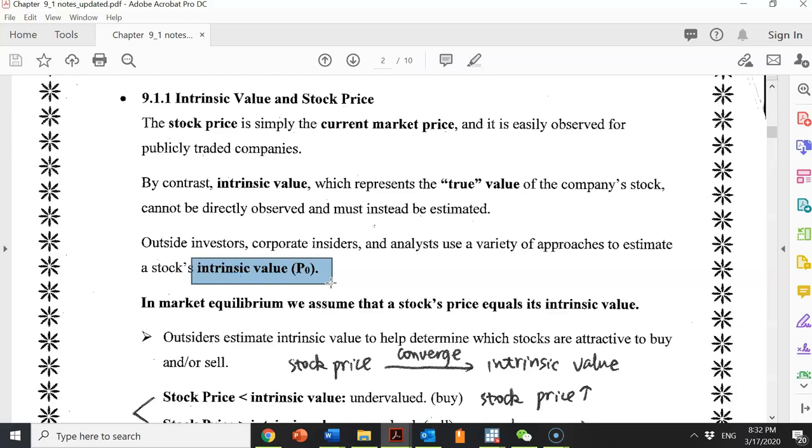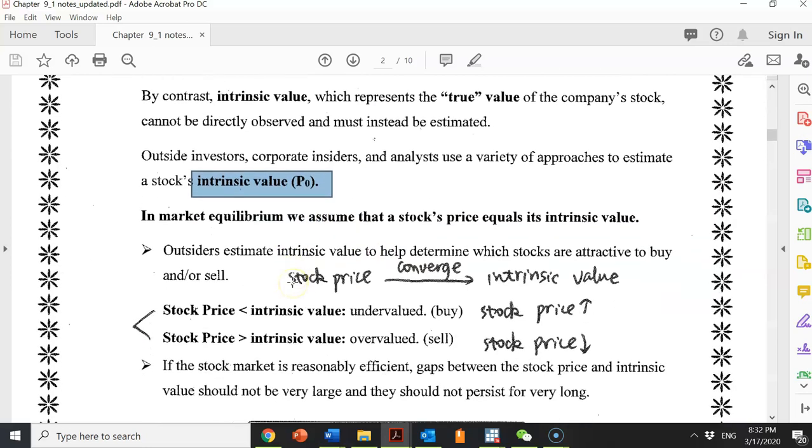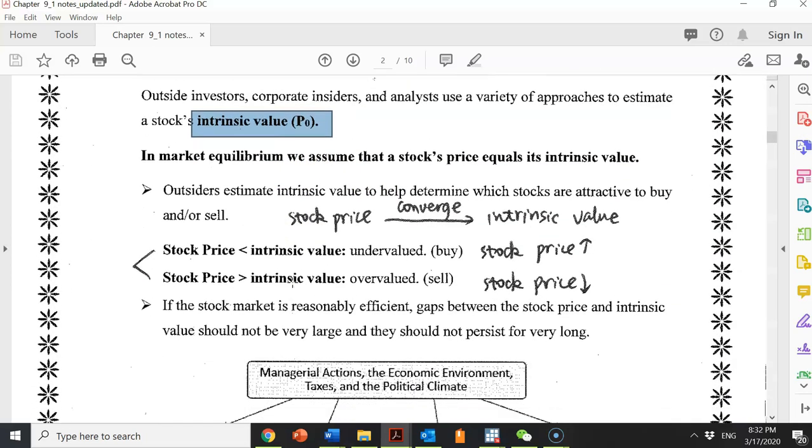And in equilibrium, we think that stock market price is gonna converge to this intrinsic value. So as outsiders or financial analysts, we could estimate intrinsic value by using financial models, and it can help us to determine which stocks are attractive to buy or sell.